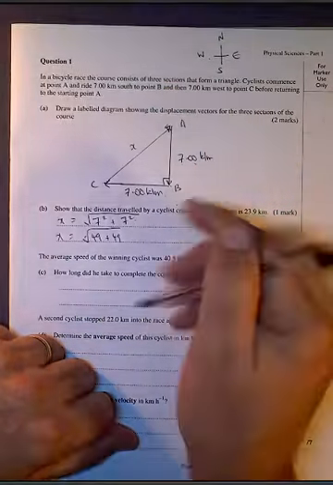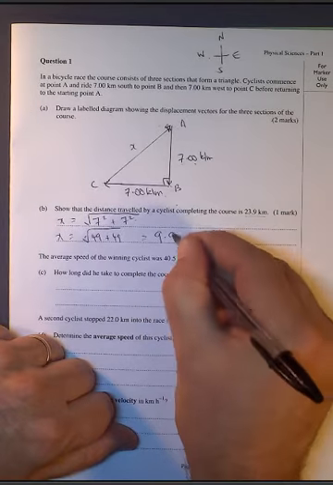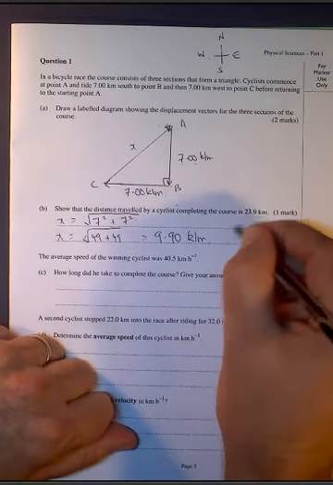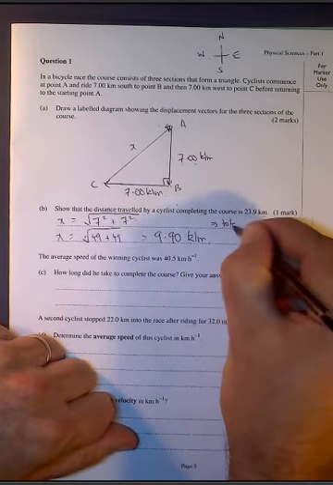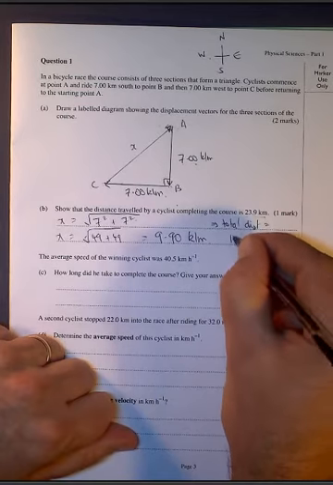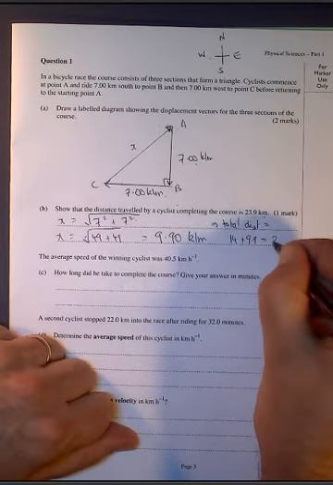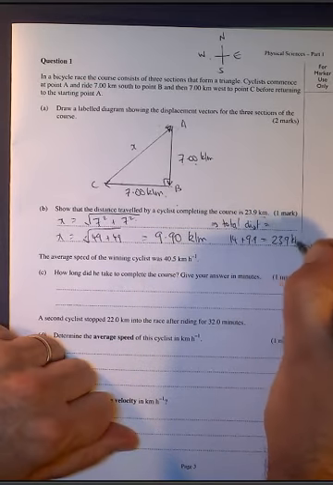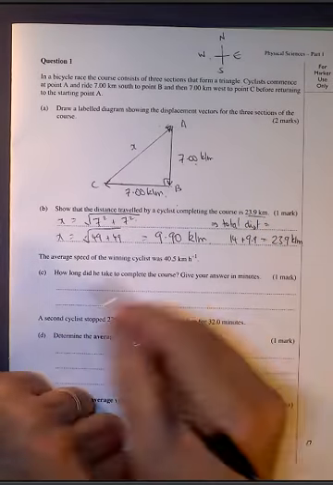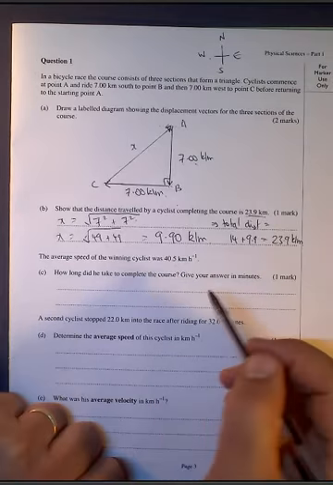Yeah, okay, we'll go with 9.9 kilometres. Therefore, total distance equals 14 plus 9.9, which equals 23.9 kilometres, which is what we wanted to show. 1 mark. The average speed of the winning cyclist is 40.5 kilometres per hour.